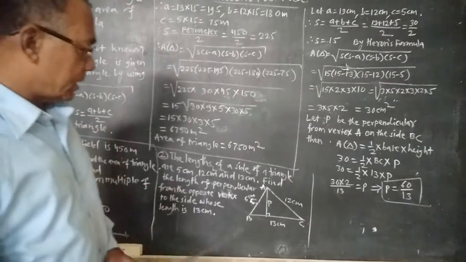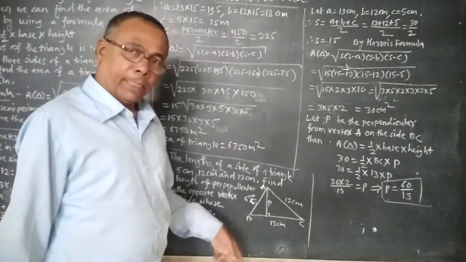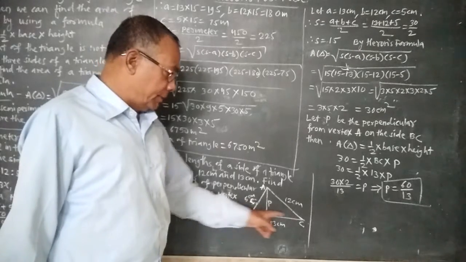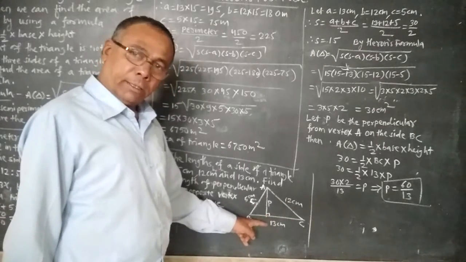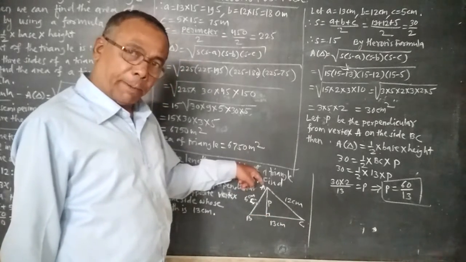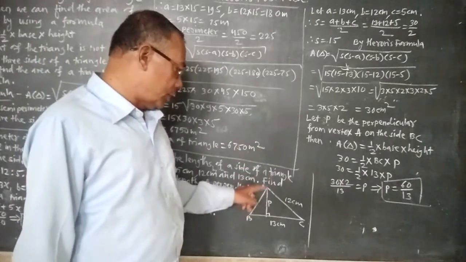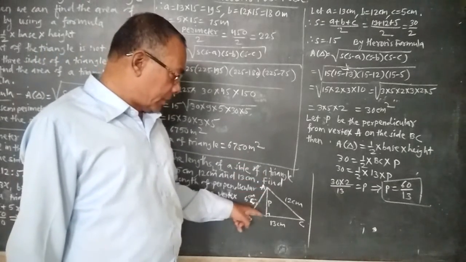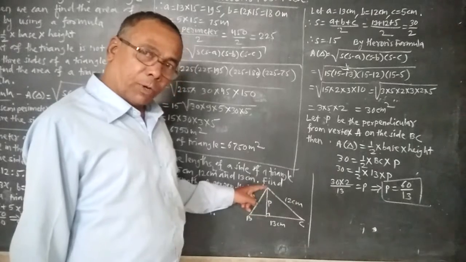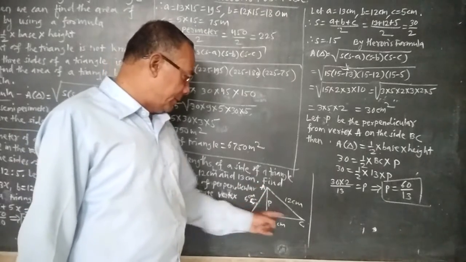Now if we consider the triangle ABC here, and the length of BC is 13, then the perpendicular means here it is the length of the perpendicular we have to find. Here perpendicular from vertex A to the side BC is drawn.